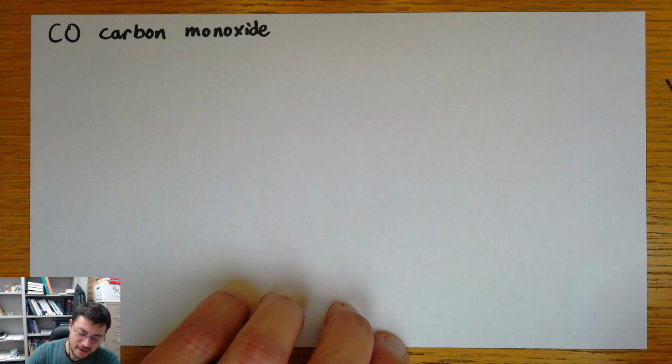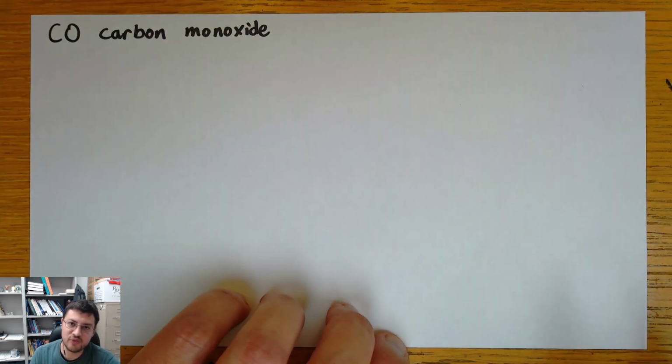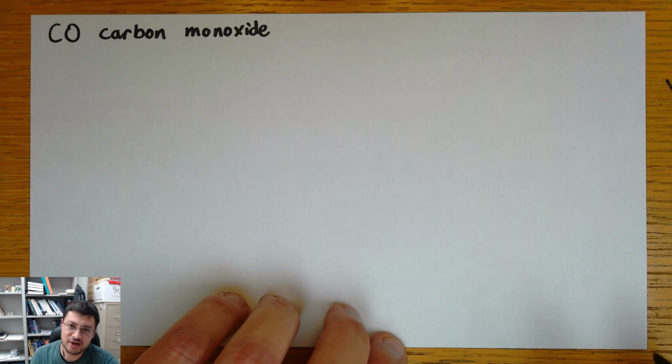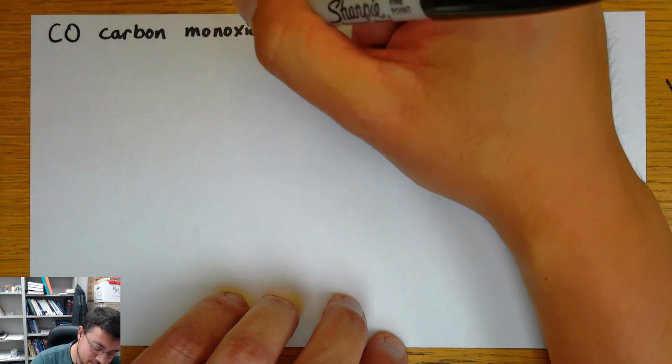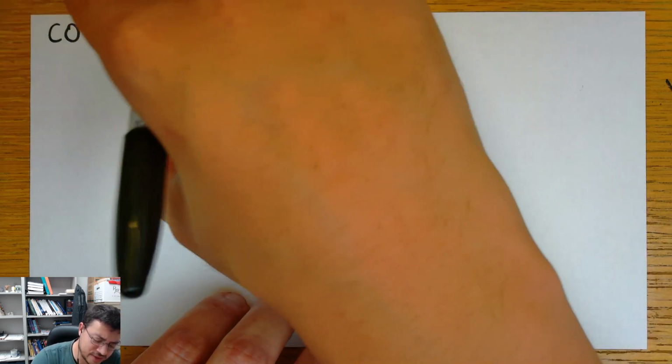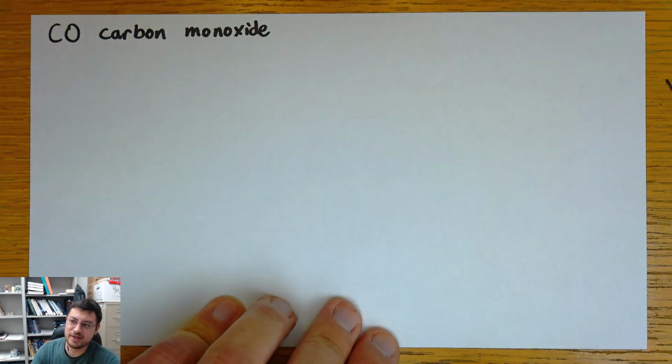But carbon monoxide is going to be one of those rare exceptions where you do not see carbon with 4 bonds. So if I was running a chemistry class, this would maybe be a bonus problem because it deviates from what's normal for carbon.